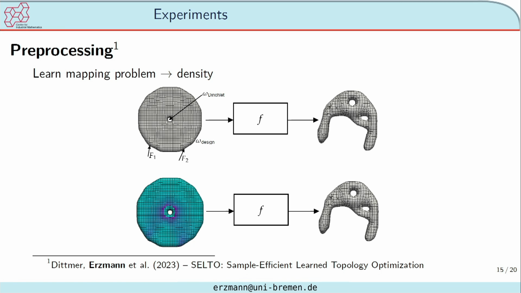However, one of the big problems that I find with the current state of the literature in this field is that most researchers simply solve this problem as an image-to-image segmentation problem. So they don't take into account the underlying physics. And that's something that I tried to improve. So my first step was that I used a different type of preprocessing, which I call PDE preprocessing, where I used the full block, basically, and solve the PDE on that.